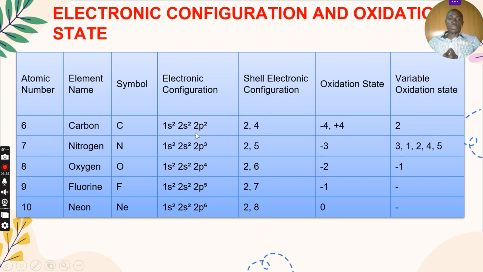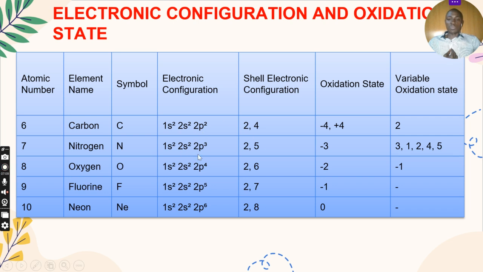This is because of the electronic configuration of carbon: 1s2, 2s2, 2p2. 2 electrons can be donated from this subshell. They are different subshells. So these 2 electrons can be donated from this subshell, and then we still have another subshell. So that is why you have that exception. Most exceptions occur as a result of the fact that some subshells are also stable when they are full.